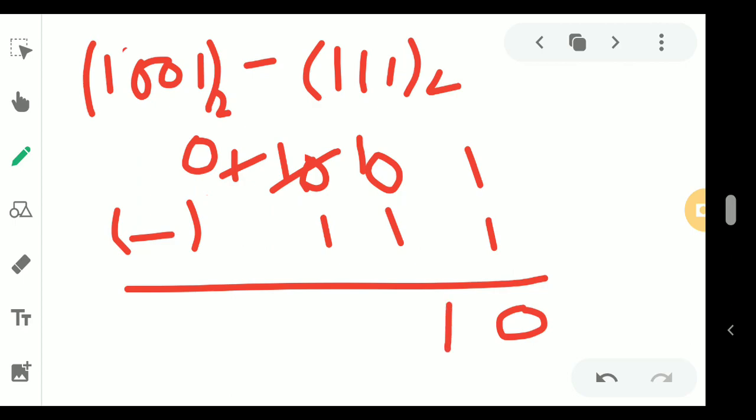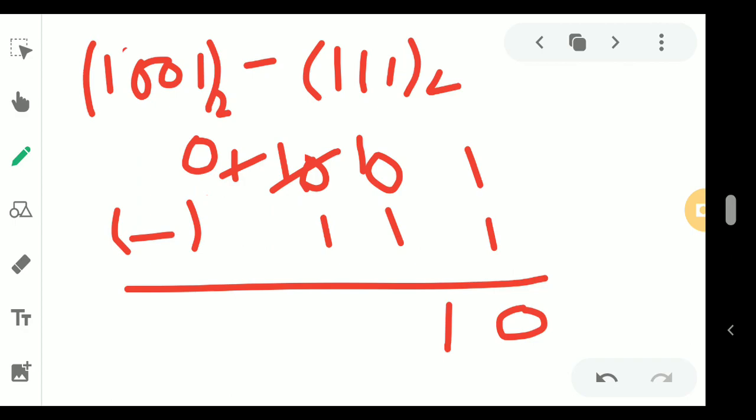Okay, and again you think that from here I have given this 1. Borrow taken from this, actually from the third column, that is done. So in the third column, what is left? 1 is left, because 1 I have given.